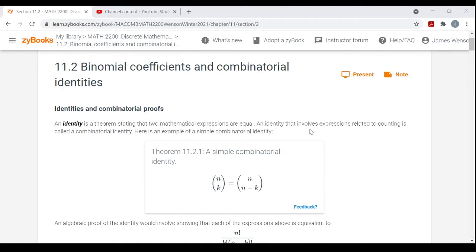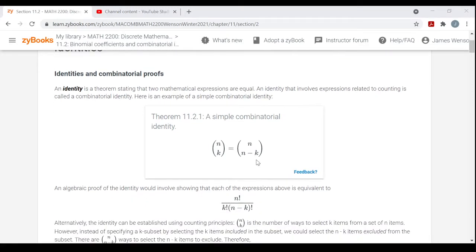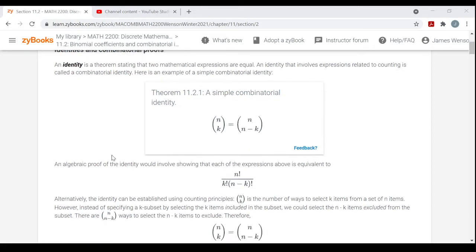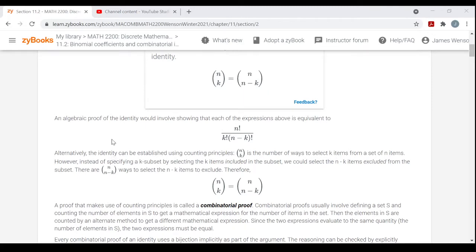An identity that involves expressions related to counting is called a combinatorial identity. Again, a fancy way to say identity for counting. Here is an example of a simple combinatorial identity, and this is one you've already seen. N choose k is equivalent to n choose n minus k. They take you through a little bit of an algebraic proof here.